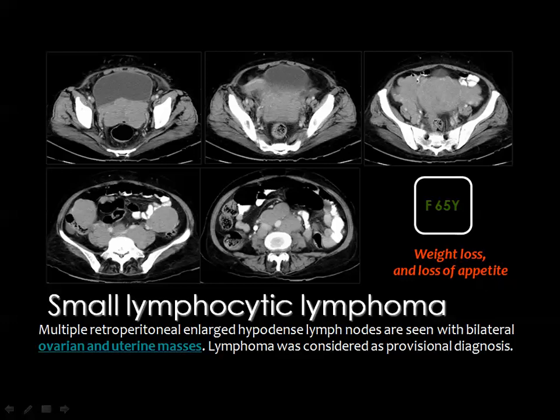The scans showed a bulky mass in the region of the cervix with involvement of the uterine body, and also you can see these bulky homogeneously enhanced retroperitoneal lymph nodes. The diagnosis of lymphoma was suggested.